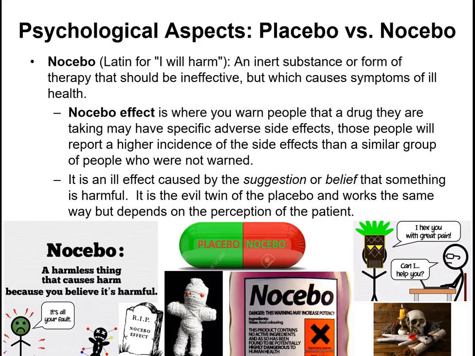Then the nocebo effect, Latin for I will harm. This is an inert substance or therapy that should be ineffective, but causes symptoms of ill health. So this is when you warn people a drug they are taking may have specific adverse side effects. Those people frequently will report a higher incidence of the side effects than a similar group of people who were not warned.